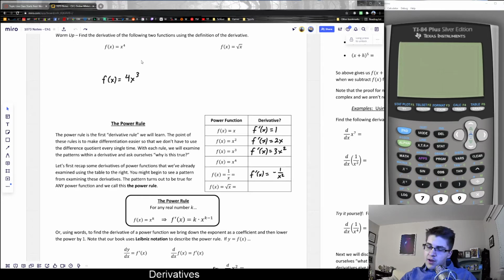And the derivative of the square root of x is equal to negative 1 over 2 root x. Actually, let me make sure I did this right in my head. Actually, no, this should be positive. Sorry, positive 1 over 2 root x. 1 half, subtract 1. Yeah. And we will talk about how I figured that out shortly after we talk about the power rule.